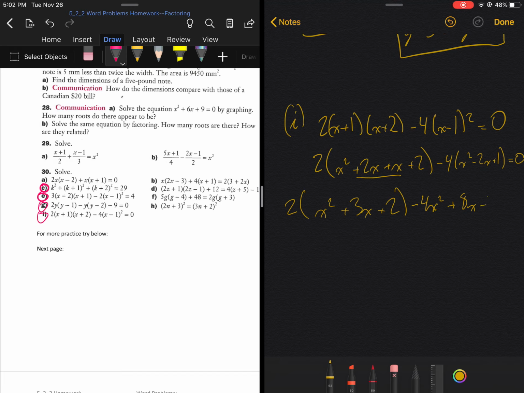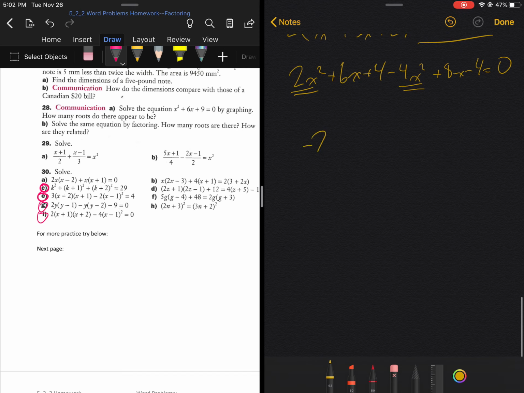So minus 4x squared plus 8x minus 4 equals 0. Let's expand this 2 now. 2x squared plus 6x plus 4 minus 4x squared plus 8x minus 4 equals 0.